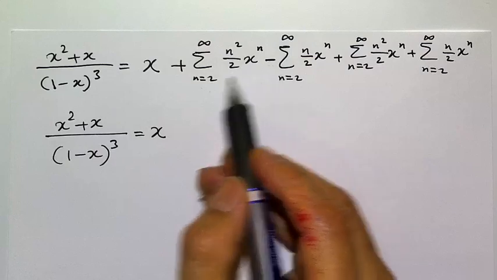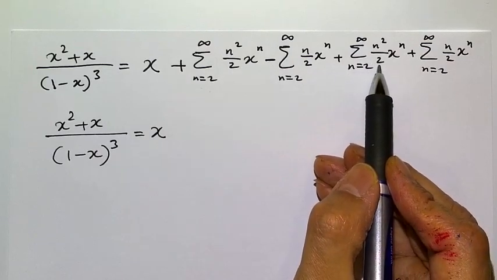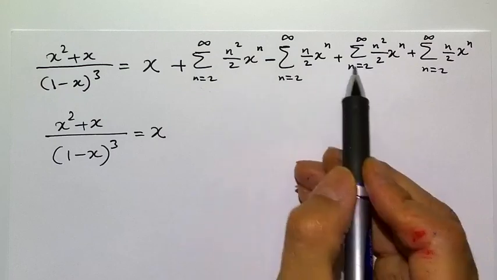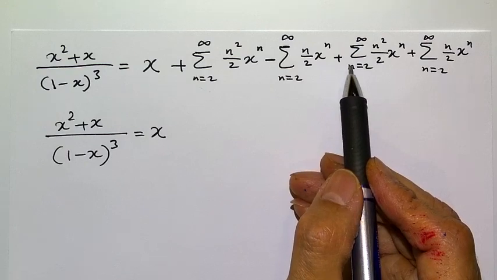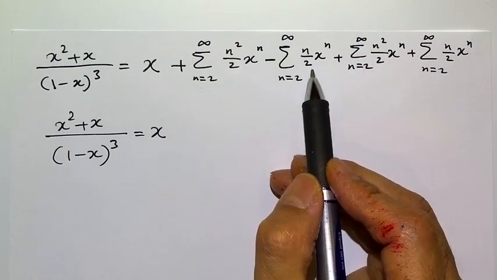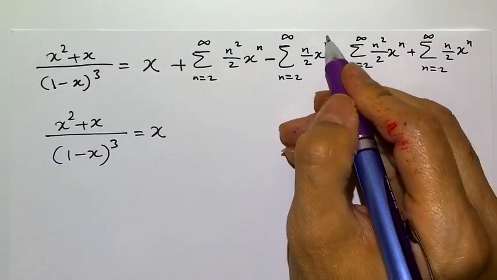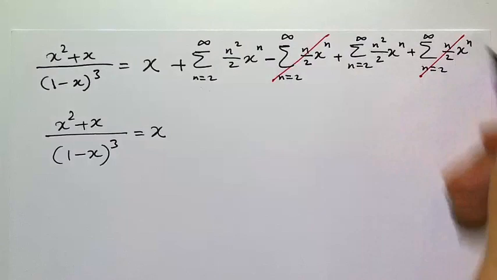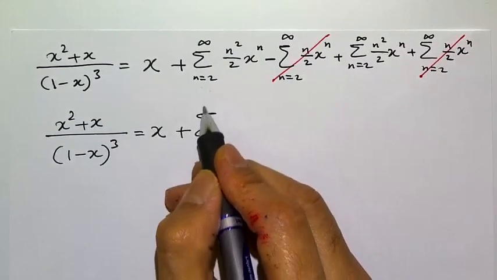No, there's no n squared. Whoa, there is 1 here, right? So we have n squared, so we can combine this with that. How about this? Well, this one and this one cancel out. So that term and that term cancel out. We end up with x plus.